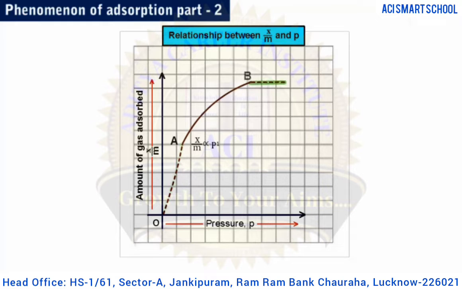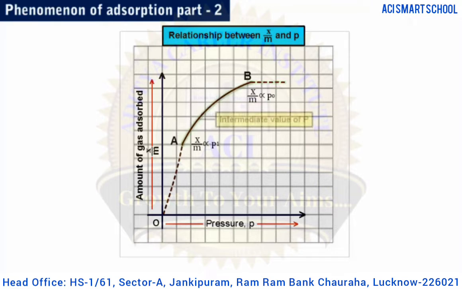Observe the curve beyond point P. That is, at a very high pressure, x by m is independent of the value of P. This is represented as x by m is proportional to p raised to the power 0.